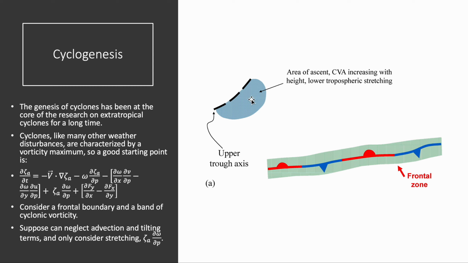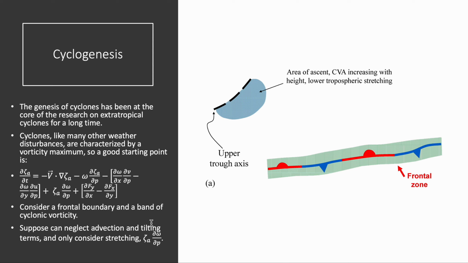And let's assume that there's some kind of an upper trough that is advancing. So here there would be some kind of a vorticity advection, and if you remember, vorticity advection is associated with ascending motion, and whenever this approaches over here, then this causes the stretching term to be non-zero.